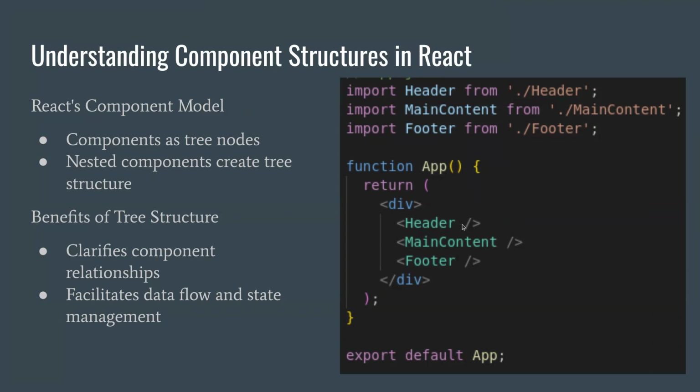So this hierarchical model is powerful for understanding the relationships between components, making it easier to manage data flow and state within your application. Let's delve deeper into how this model facilitates the rendering process and aids in application development.